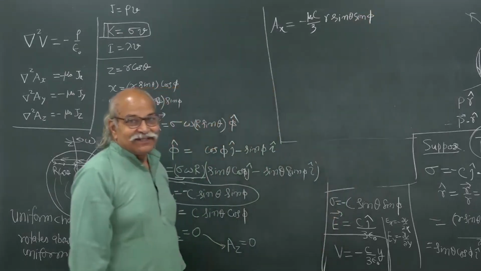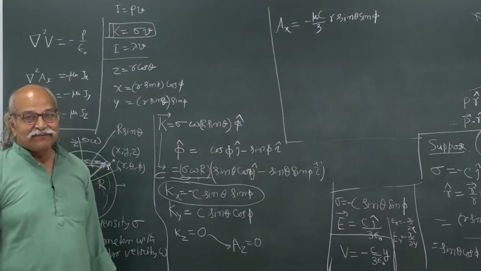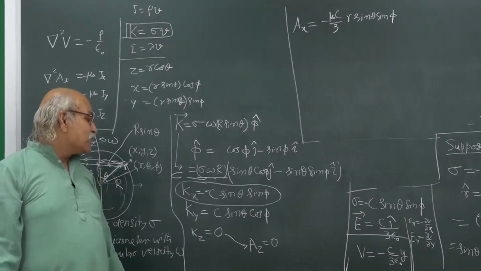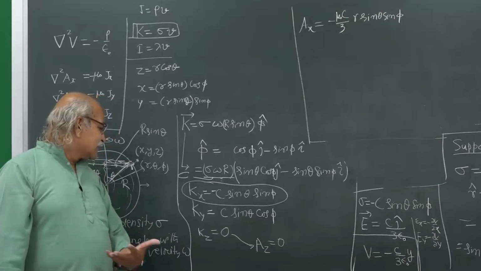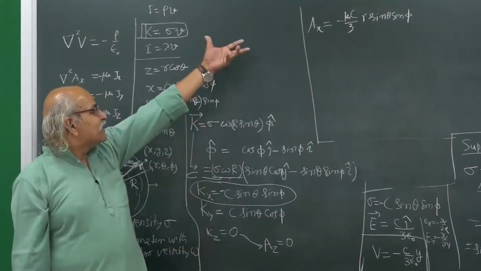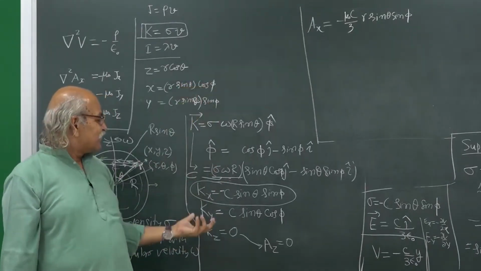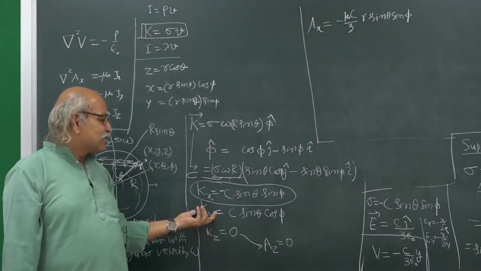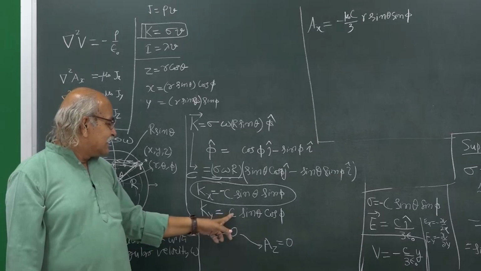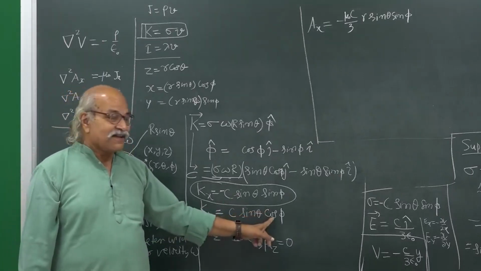So, that is the x component of vector potential, and now you guess what I am going to do in the next lecture to get the y component of this magnetic vector potential. I will need a surface charge distribution as C sin theta cos phi.